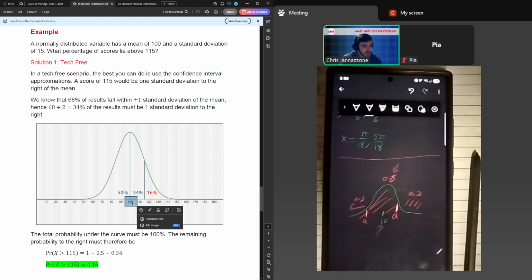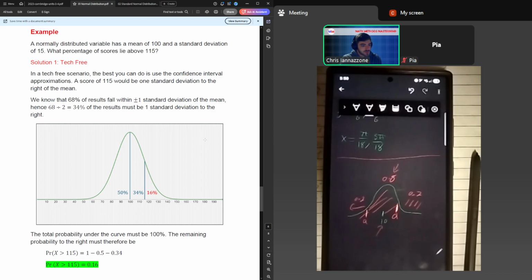So you would put down 100 as the center, and you would put 115 as the tick that you're looking for. And you might even shade a particular portion of the graph, like I've used red to say, hey, we want all of this area that's right of this value.